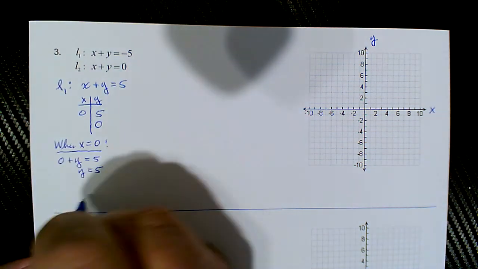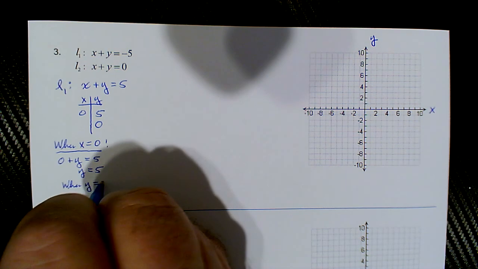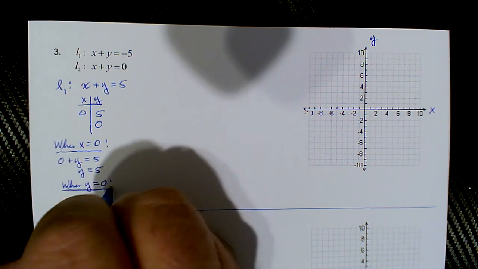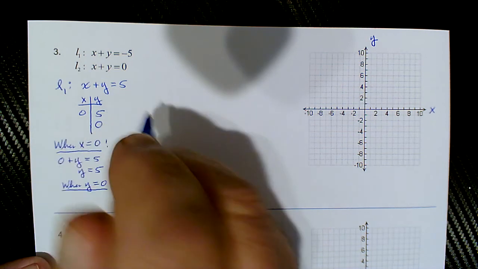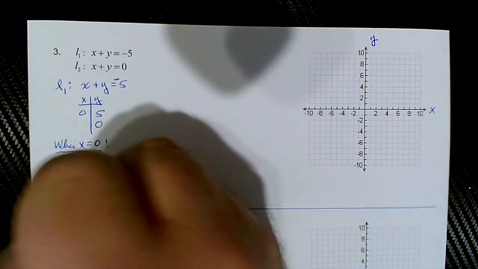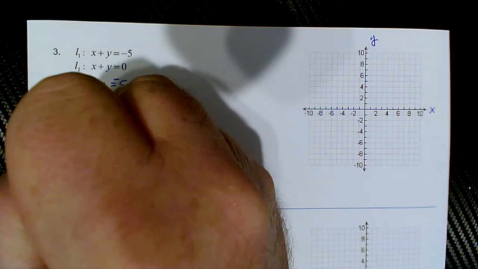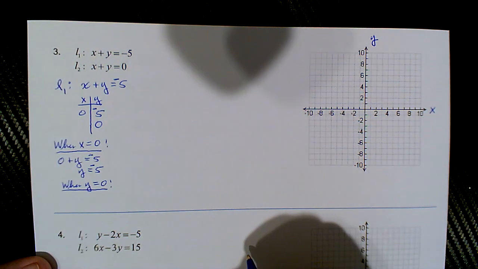So 0, 5 is a point. And then I'm going to do when y is 0. And again, x plus y is 5. Oh, negative 5, I'm sorry. So that changes all the 5s to negative 5s. Make sure you make that correction.